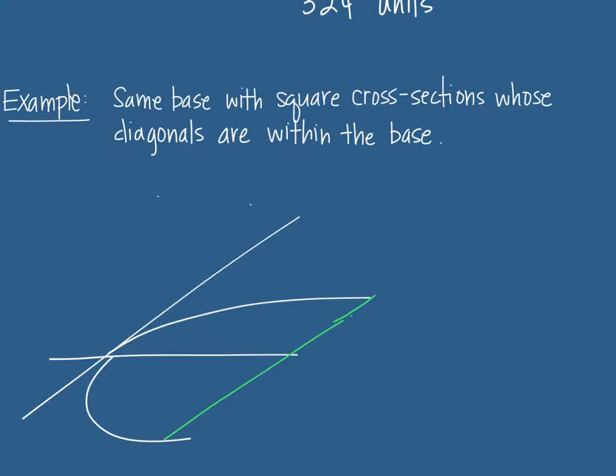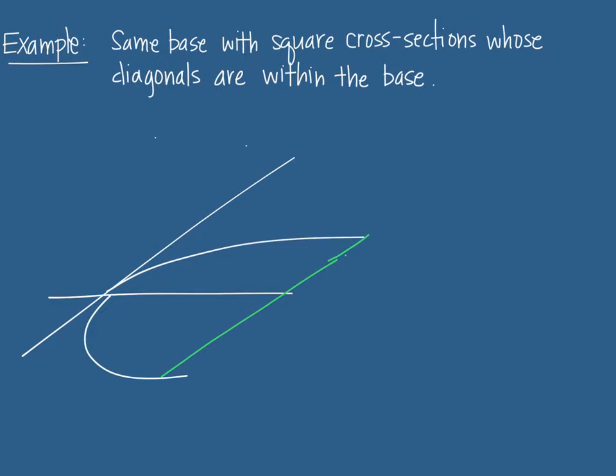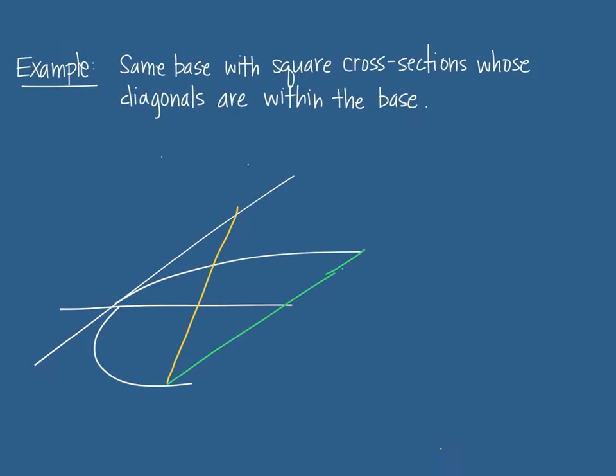These are squares but their diagonals are within the base. And so the green line I'm drawing right now is the diagonal of a square. That means part of the square is above, and part of the square is below.